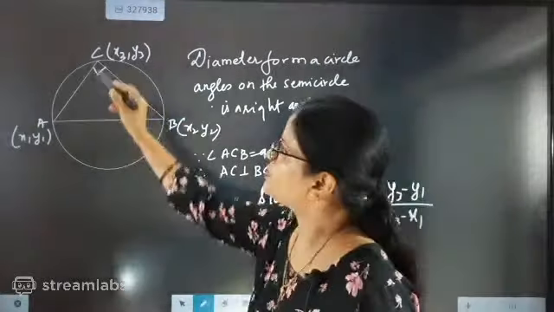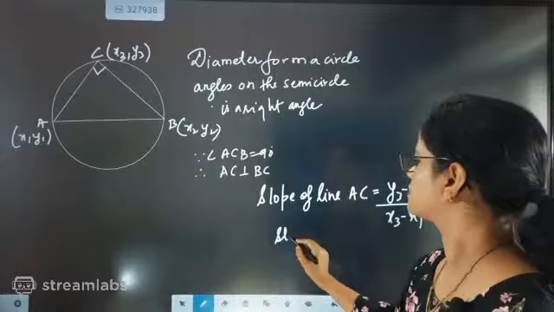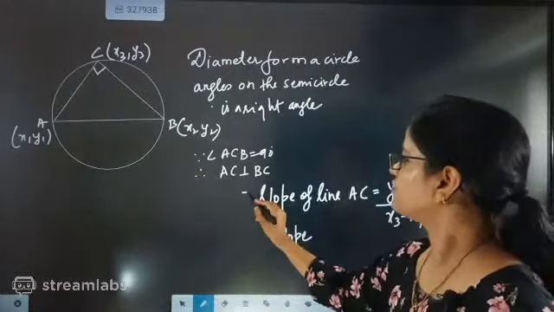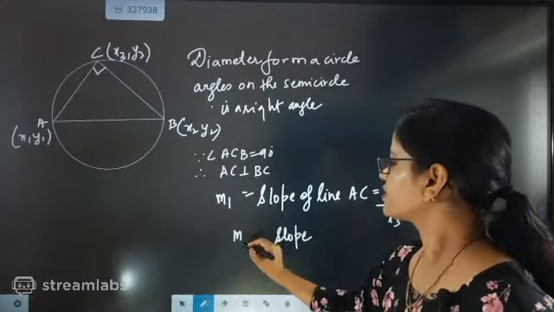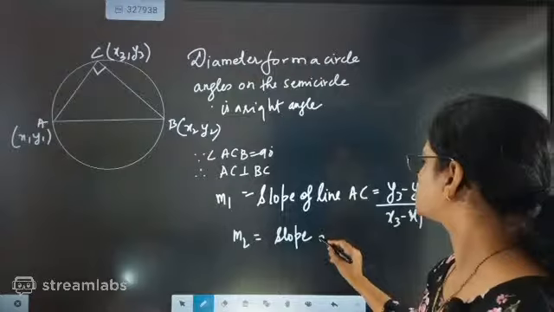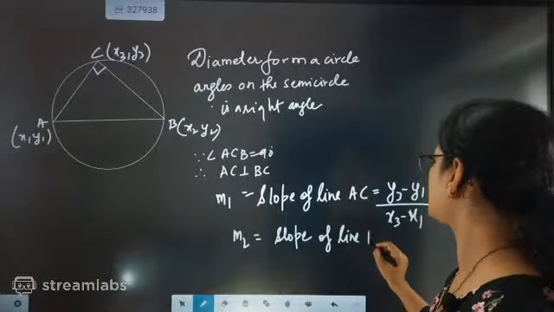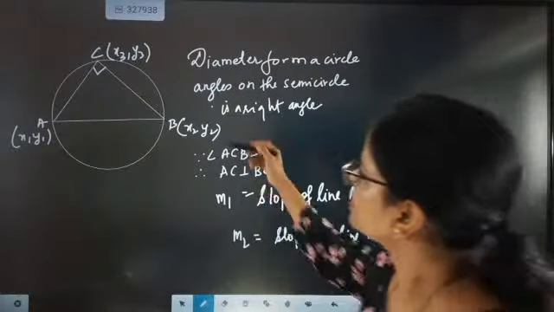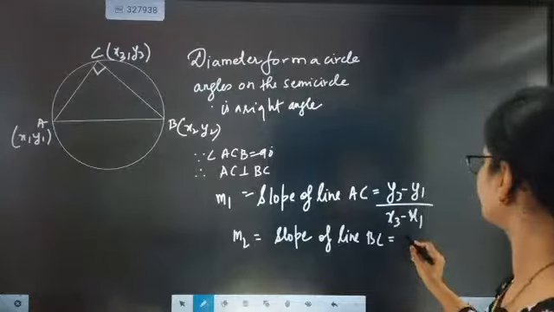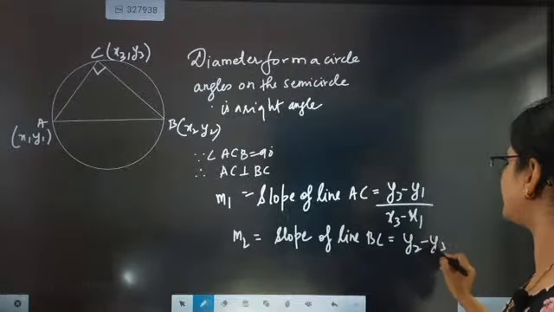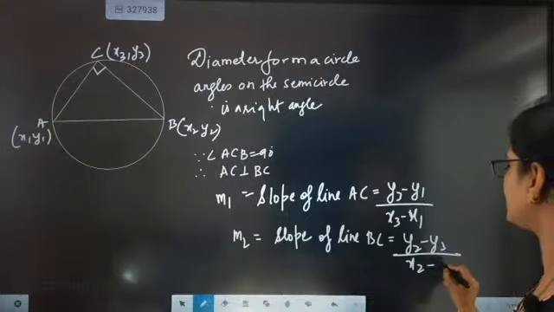Now the slope of line BC, we can take this as m1 and this as m2. Slope of line BC will be y2 minus y3 by x2 minus x3.